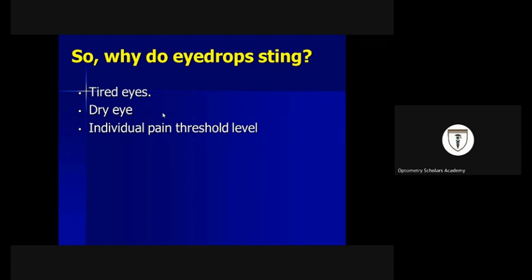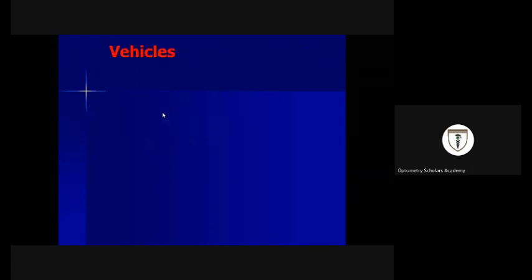And people having dry eyes also experience stinging effects from eye drops. And some people have a low pain threshold. People that are very sensitive to pain, no matter how low the stinging effect of that drug is, they will feel it.